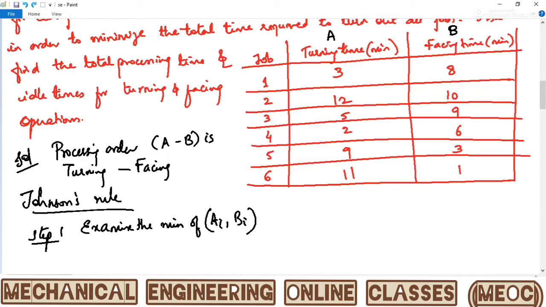In a similar way, if we examine all these values, this entire table, then the minimum is this 1, and this 1 is on machine B for job 6. Because it is minimum on machine B, this job is sent last on machine A. That means it will go last to machine B also.